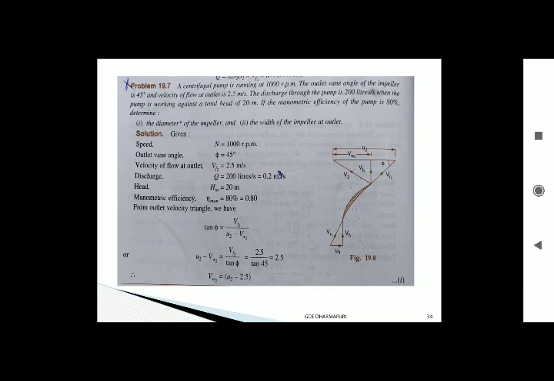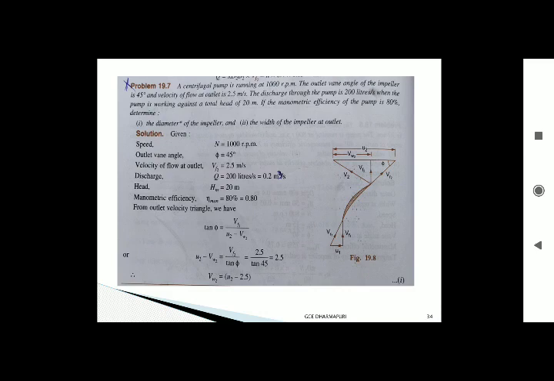These three problems are, in my point of view, mostly repeated in the last 4 or 5 semester questions. Because of that, I took these three problems. Also, you have to work with previous semester question papers, which will help you score good marks, and you will get some practice problems there. So hope you understood the problems.